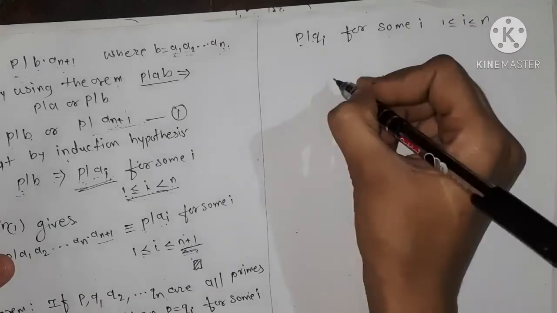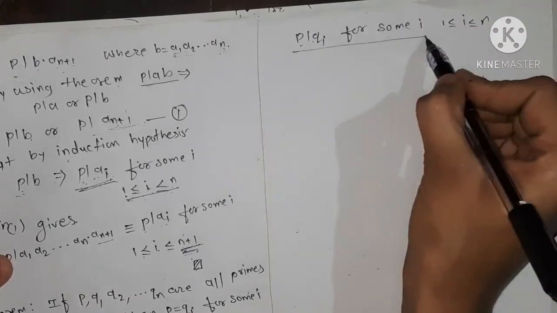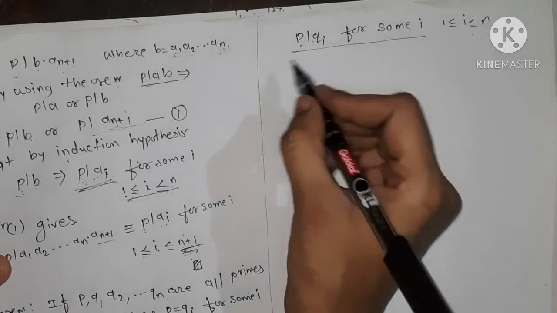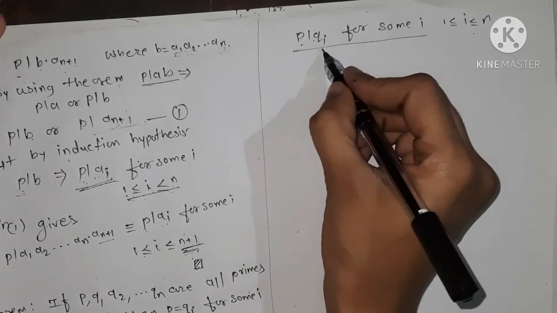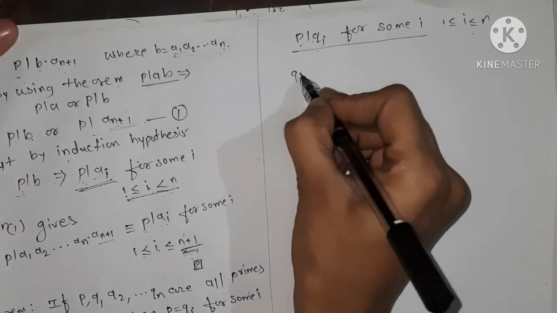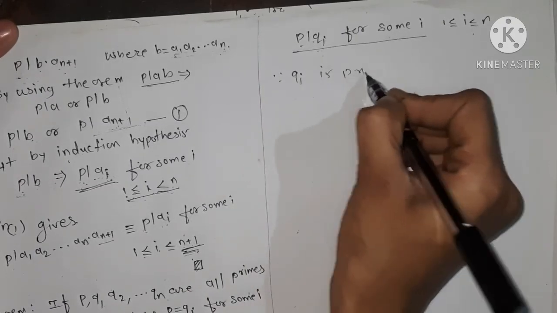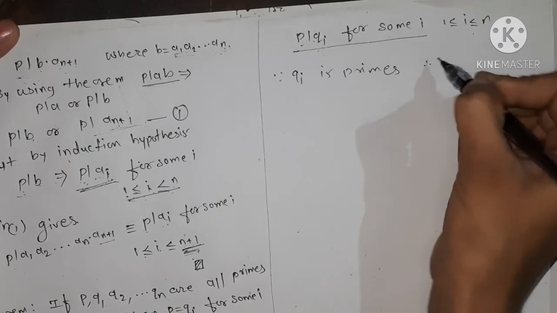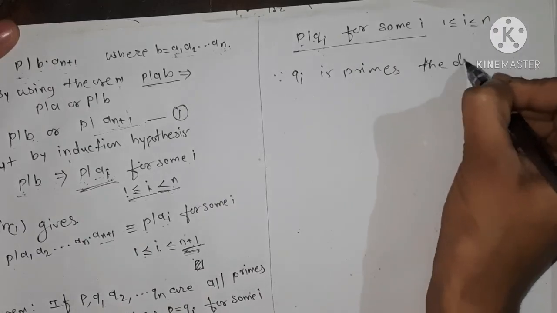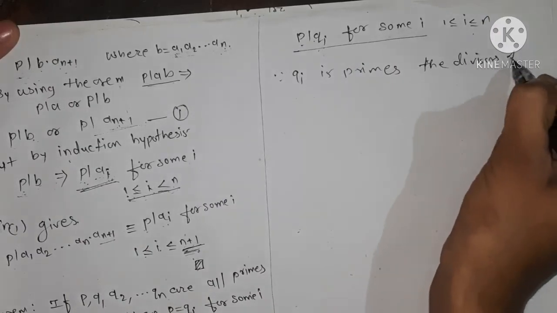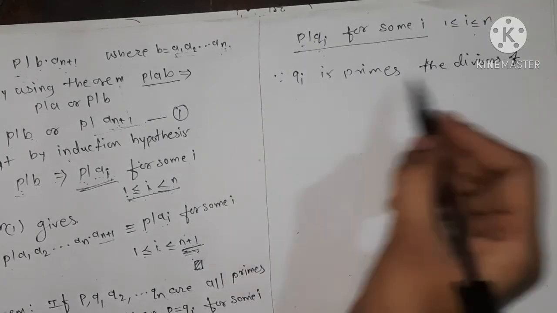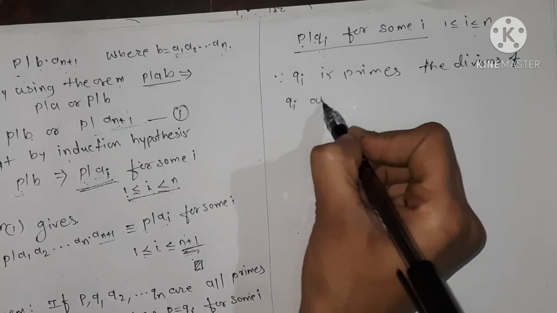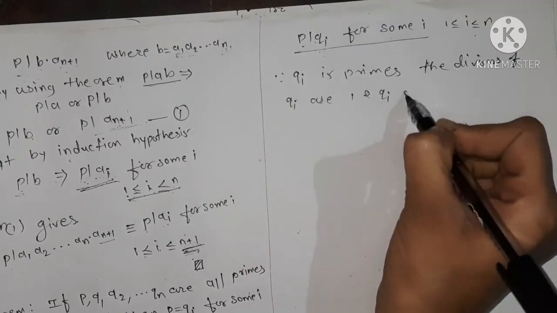Now using this condition that p divides qi for some i, but qi is prime, right? Since qi is prime, the divisors of qi are 1 and qi only.